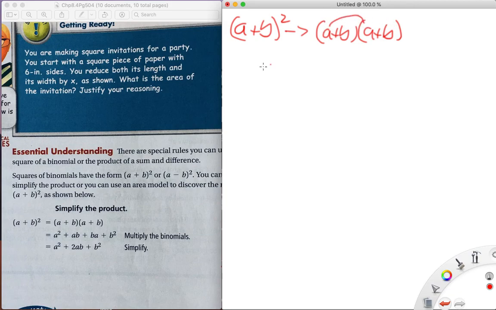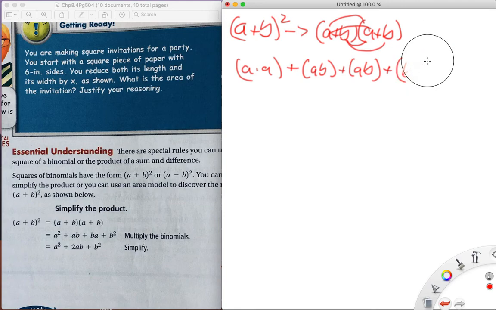A times A, plus A times B, plus B times A, which I'll write as AB, and then B times B. So this is FOIL, right? First, outer, inner, last. A times A is A squared.